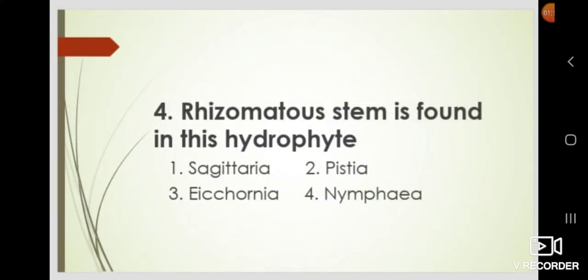Next question, number 4. Rhizomatous stem is found in this hydrophyte. Right answer is Nymphaea. Stem is present in the form of rhizome.